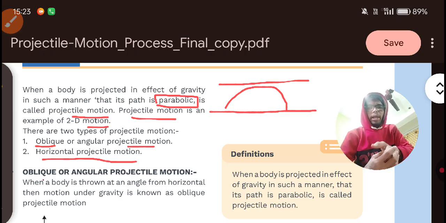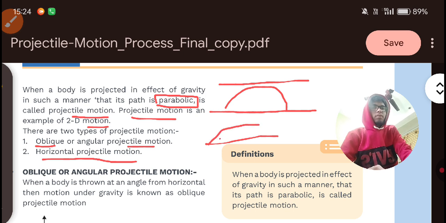Now oblique or angular projectile motion: when a body is thrown at an angle from the horizontal, like that, this is horizontal, and from here something is thrown with some angle, then motion under gravity is known as oblique projectile motion.